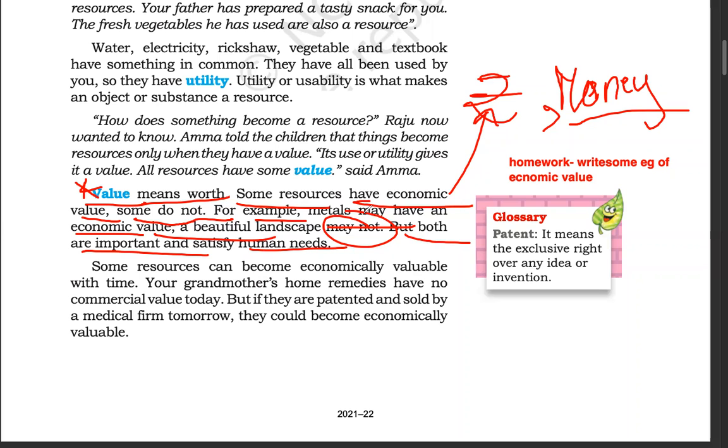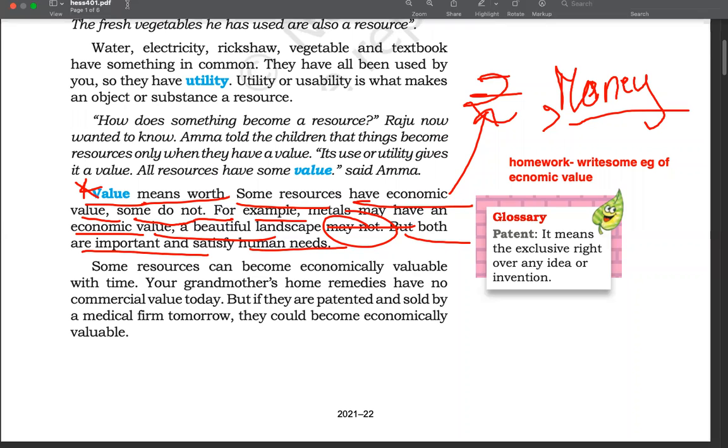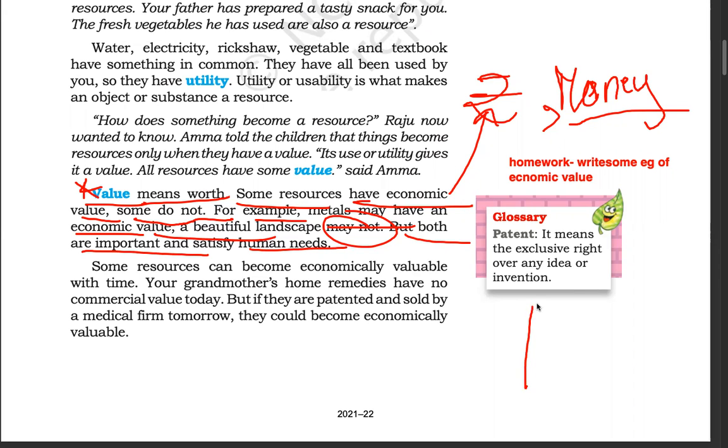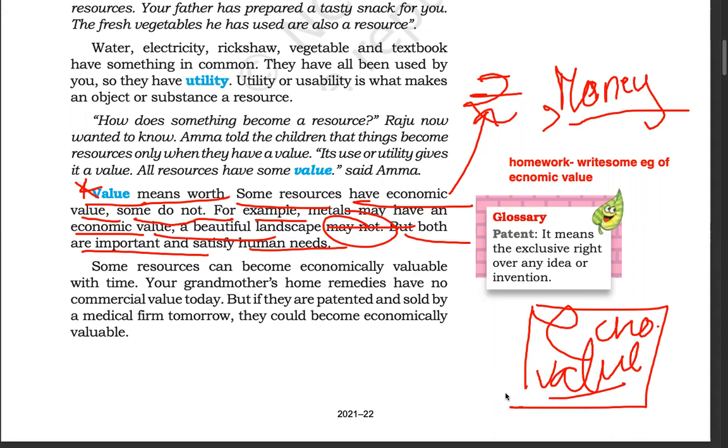Even a piece of land that you buy has economic value, because you give lakhs or crores of rupees to buy a specific land, correct?